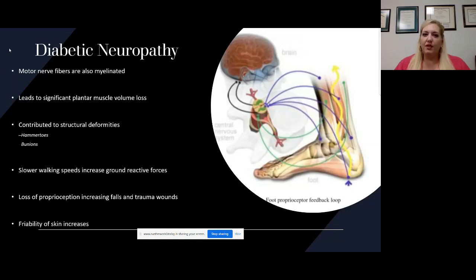That loss of proprioception will lead to increased falls and increased trauma. We know that this occurs with our older population. They're more fraught for risk of developing traumatic injuries because of instability of gait. When we talked about the autonomic neuropathy, that friability of skin, and really it's the perfect storm for patients with longstanding diabetes, uncontrolled diabetes, older age, for being at risk for severe problems to develop.